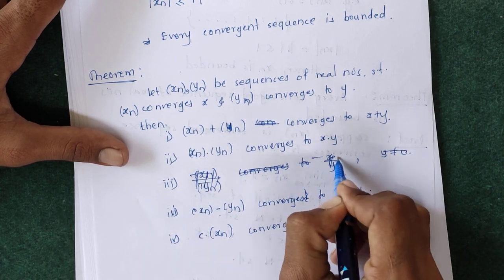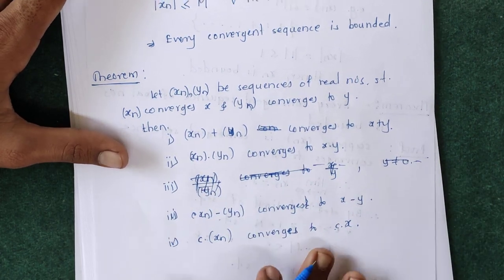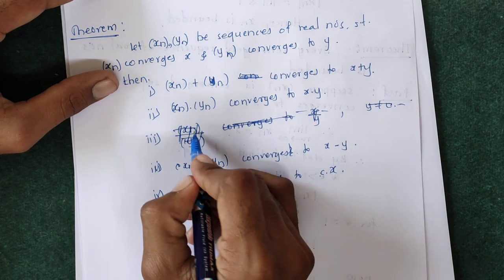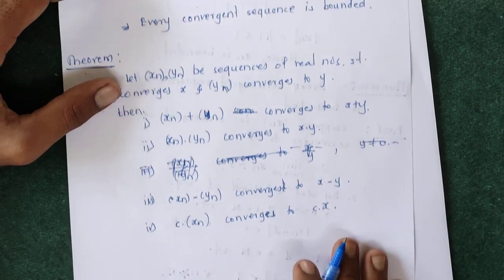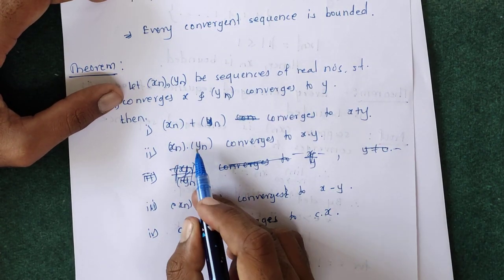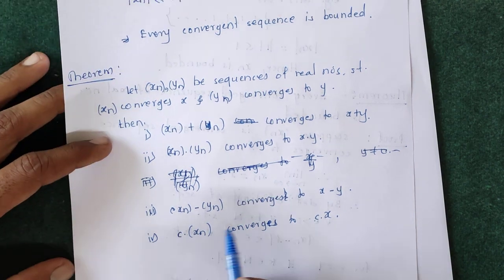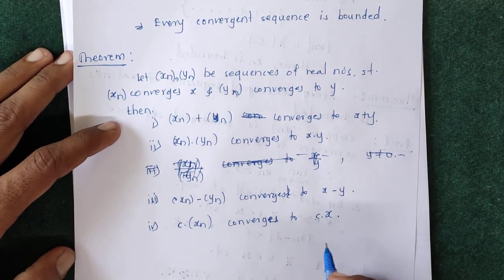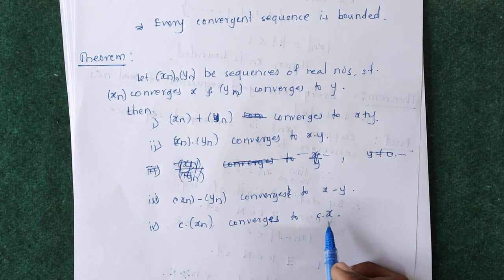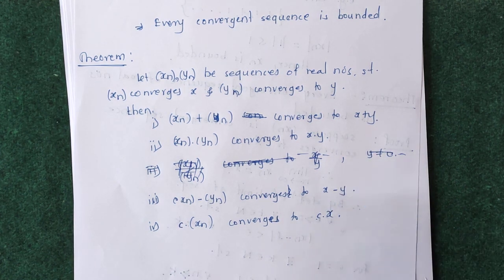These results are in general true; the fourth one is not in general true. So these are the results: addition, subtraction, multiplication, and multiplication by a constant number also converges to the constant times the limit. Hence the theorem; there is no need to prove this result.